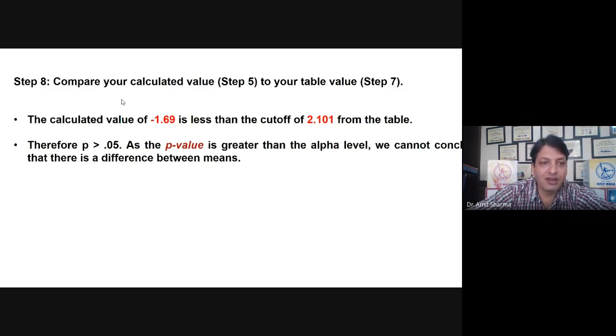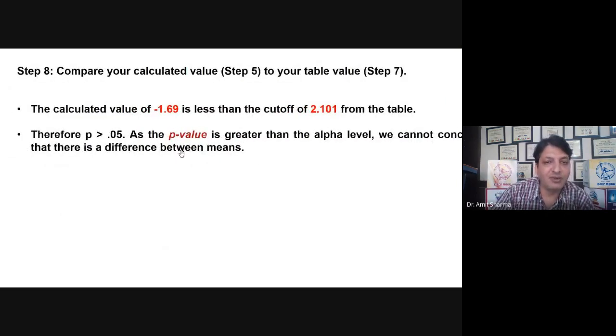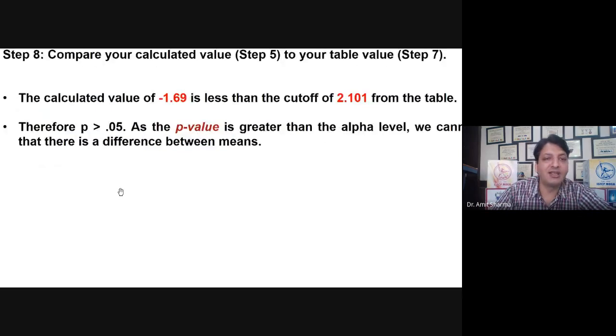So we can say that okay, p value is greater than the alpha level, and we can conclude that there is a difference between the mean, because whatever the data set we have taken contains 10 observations, and the other data set contains 10 observations. So by seeing manually, we can see that there is a difference.